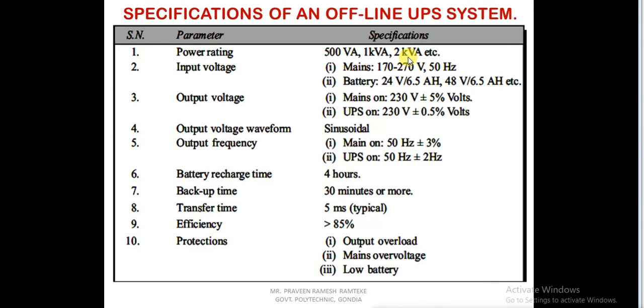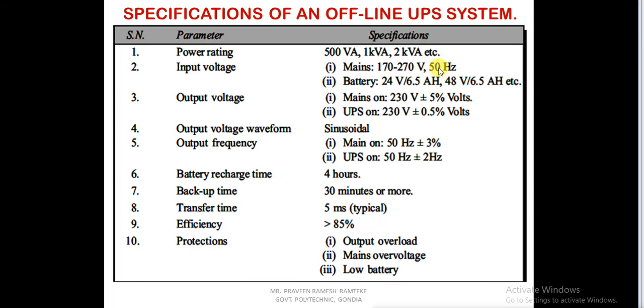It can be more, but generally it is not, as it is not used for critical load, so they have not mentioned that. Input voltage is obviously the AC mains. It ranges from 170 to 270 volts, 50 hertz.